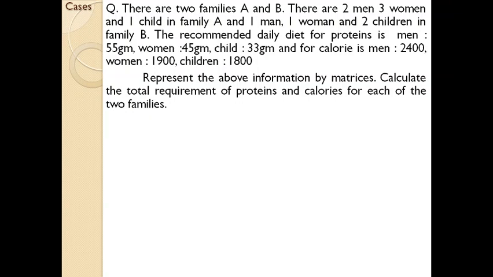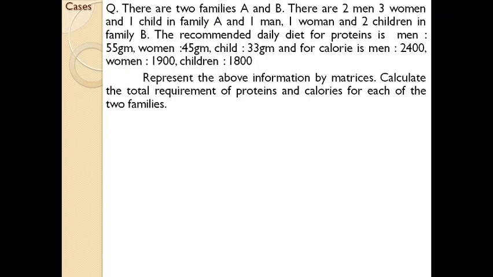So how are we going to find it? Here the number of persons is given, and the calorie as well as protein requirement per person is given. So how are we going to find the total? It's quite simple, because family A consists of two men, and in the question the protein as well as calorie requirement for one man, one woman and one child is given.